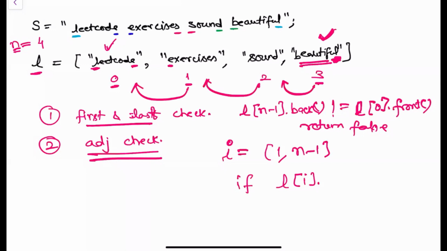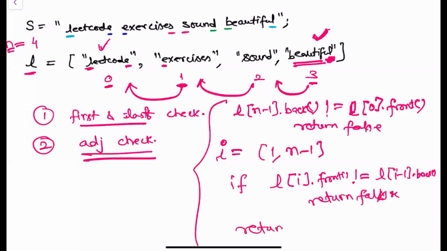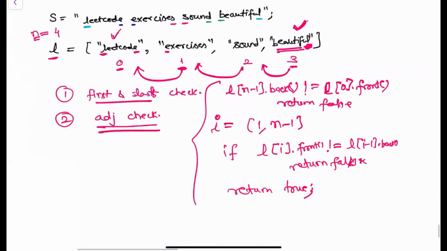If L of i dot front is not equal to L of i minus 1 dot back, sorry, front and back. If this front is not equal to this back, we can simply return false. In all other cases, we will end up returning true, right? The false cases we have detected, and we return true in other cases.